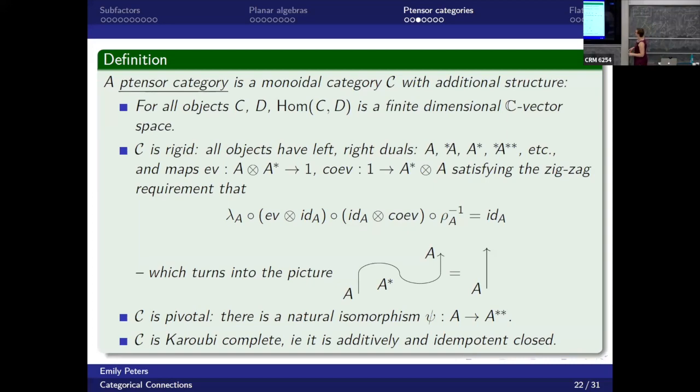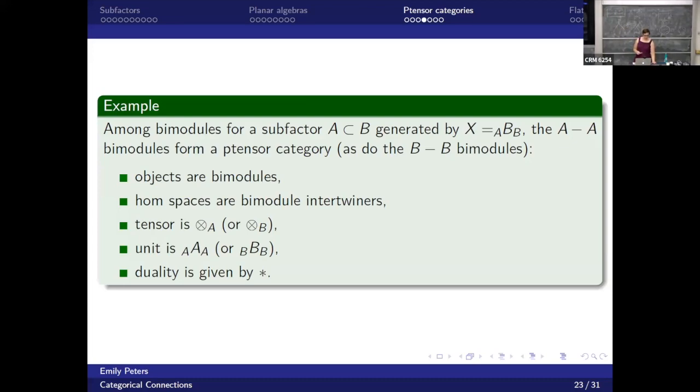Okay, that we have finite dimensional vector spaces for all of our Hom spaces, that our category is rigid and pivotal and Karoubi complete. Again, if we look at bimodules for a subfactor, in this big setting, many of them form a tensor category.